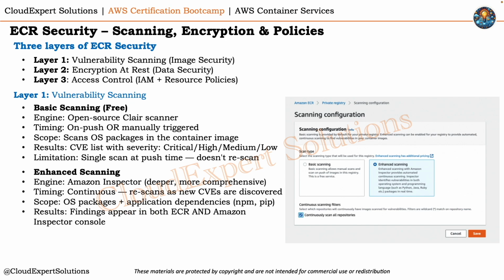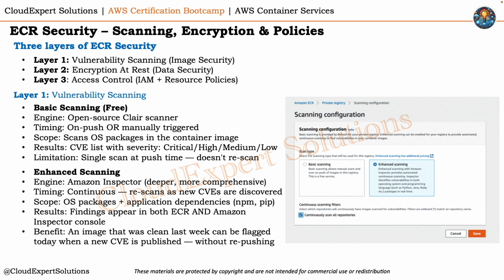All the findings appear in both the ECR and Amazon Inspector consoles. The benefit of enhanced scanning is that an image that was scanned and clean last week can also be flagged automatically when a new CVE is published, without republishing that image. For the certification, basic scanning is on push and free, whereas enhanced scanning via Amazon Inspector is continuous and application aware.